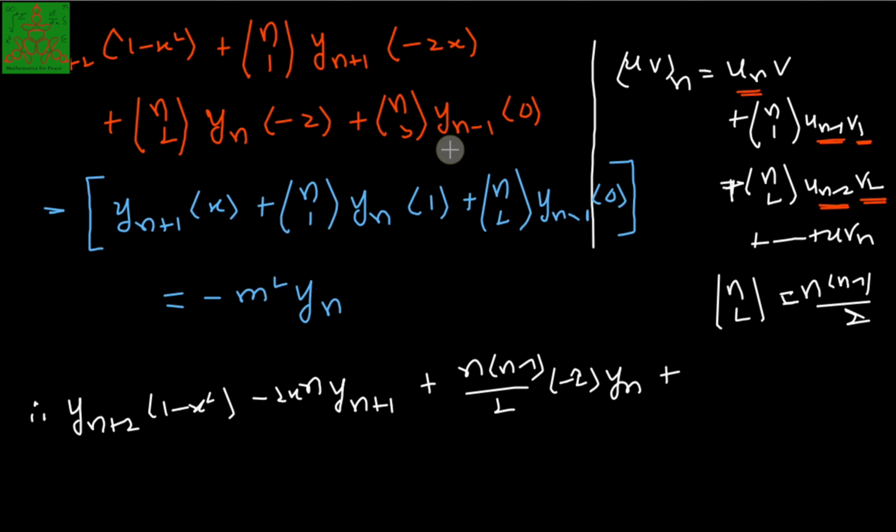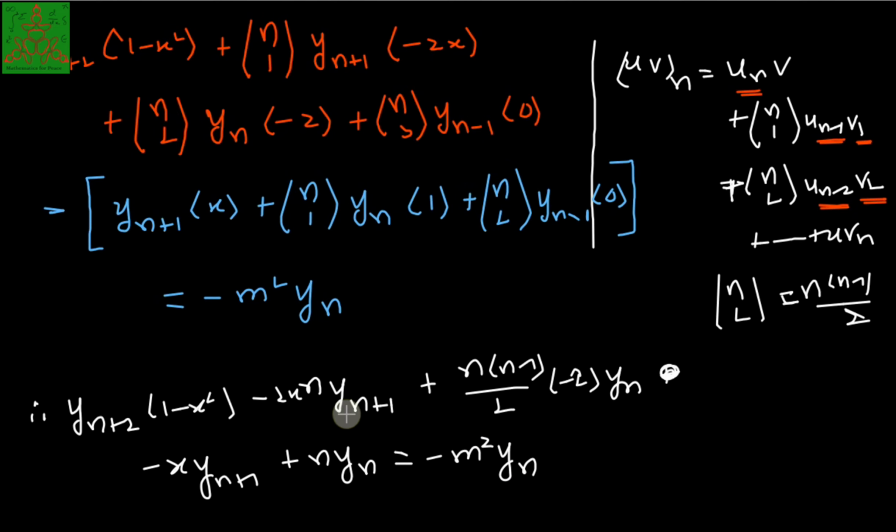Plus the next term will be 0, so we will not write it. Then it is minus x y(n+1). nC1 is n, so it is plus n yn. The next term will be 0, so we will not write that. And that is equal to minus m square yn.